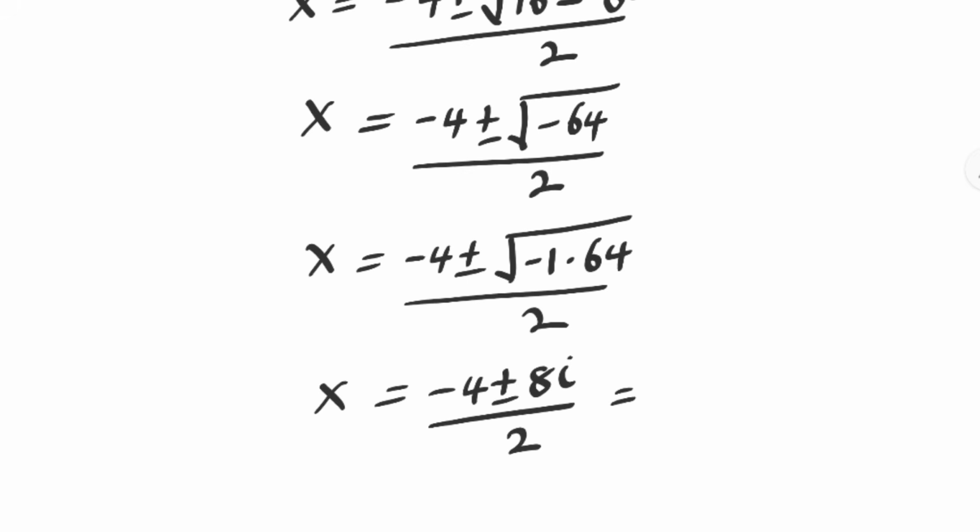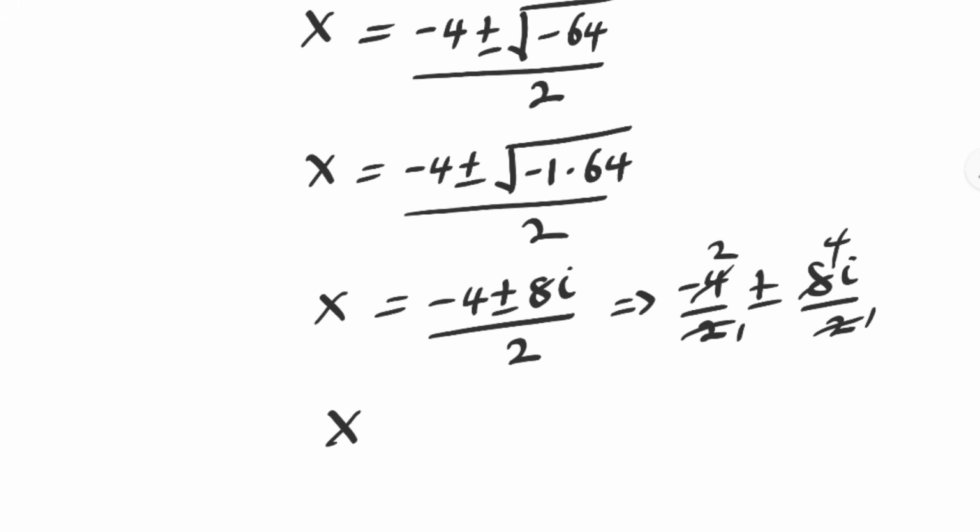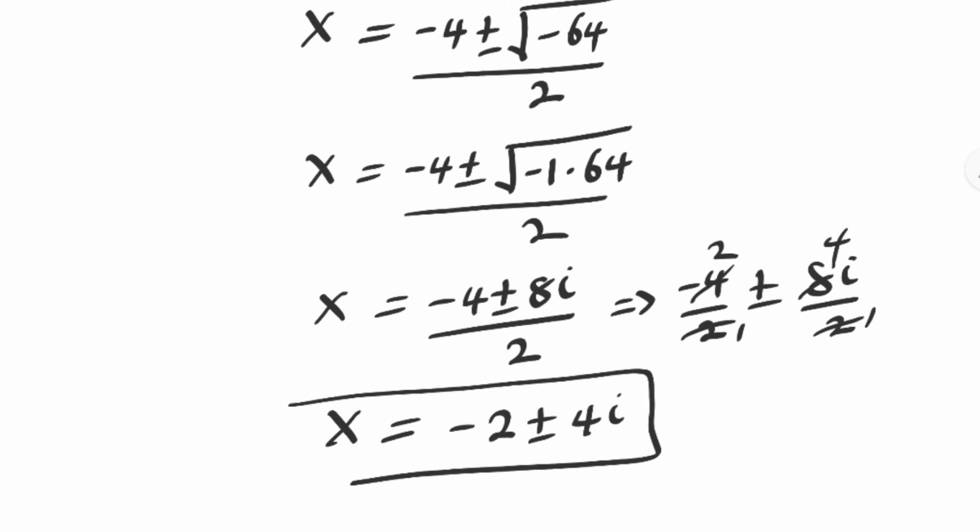Then this is same thing as minus 4 over 2 plus or minus 8i over 2. 2 here 1, 2 here 2, 2 here 1, 2 here 4. S is equal to minus 2 plus or minus 4i. This is another value of s.